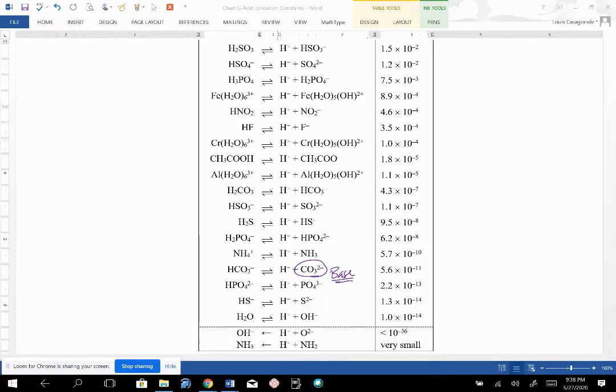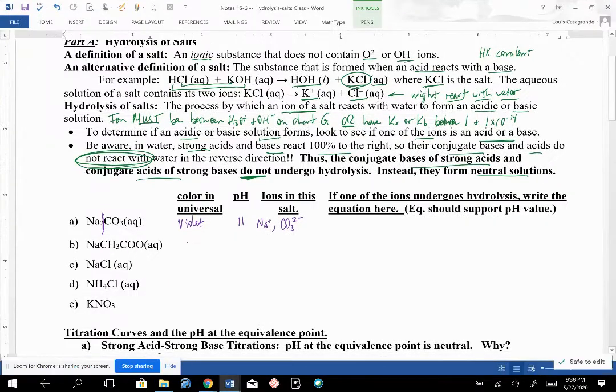So let's go back to our worksheet and write the reaction of carbonate in water. The reaction is going to take CO3 2 minus. We're not going to be concerned at all with the sodium. The sodium, as we said above, does not undergo hydrolysis.